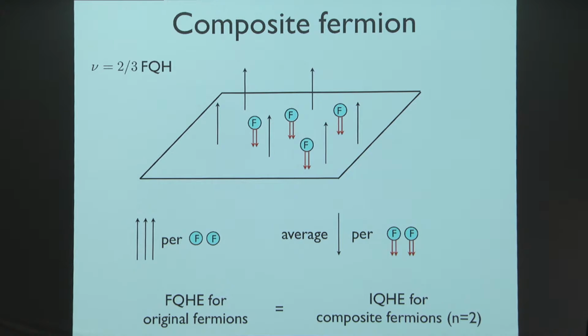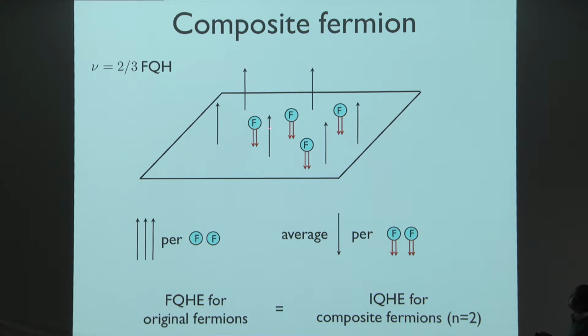Now let us talk about some less standard situation. For example, the nu equal 2/3 quantum Hall state. Here I have 4 electrons and 6 arrows of the magnetic flux. In other words, we have 3 arrows per 2 fermions.